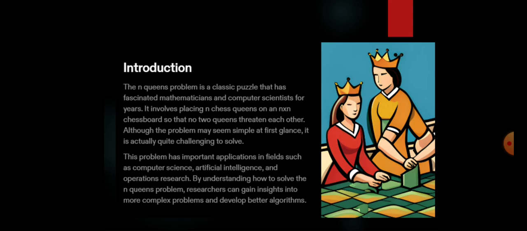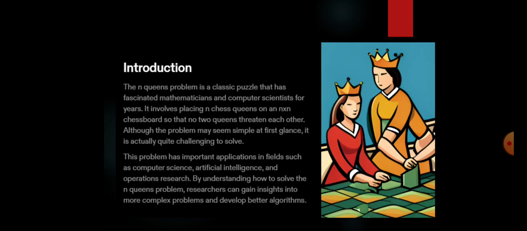The N-Queens problem is a classic puzzle that has been studied by mathematicians and computer scientists for years. It involves placing n queens on an n cross n chessboard. How we can place n queens on an n cross n chessboard, that is what we call the N-Queens problem.